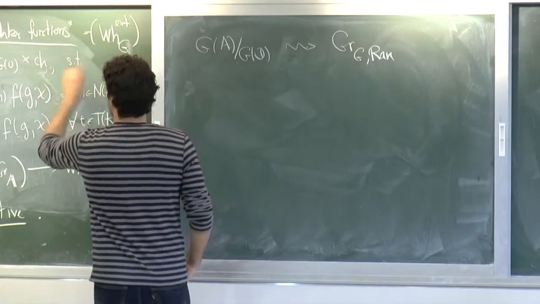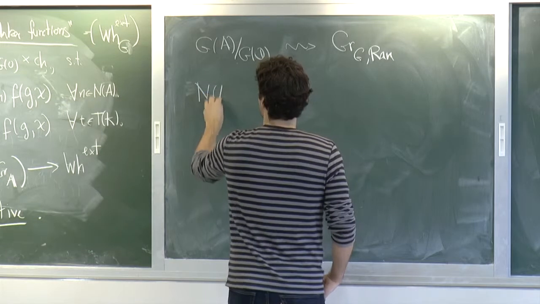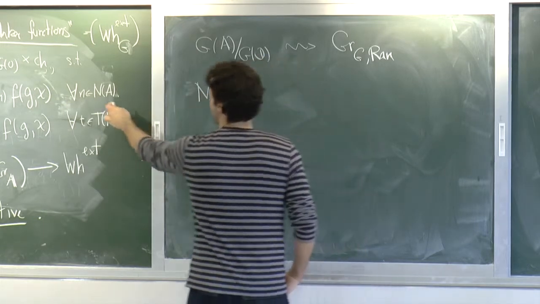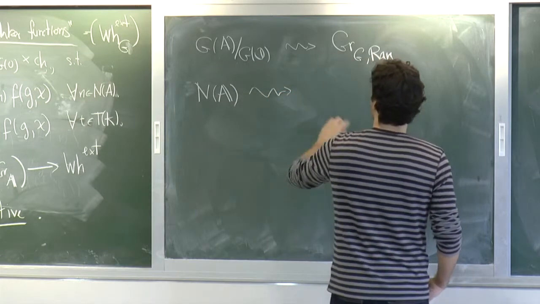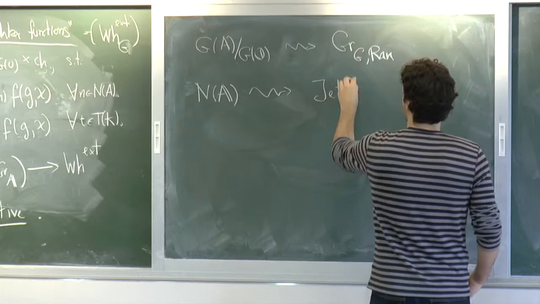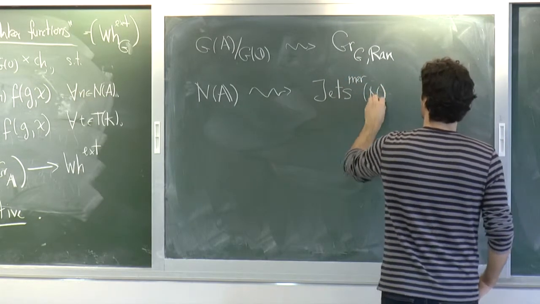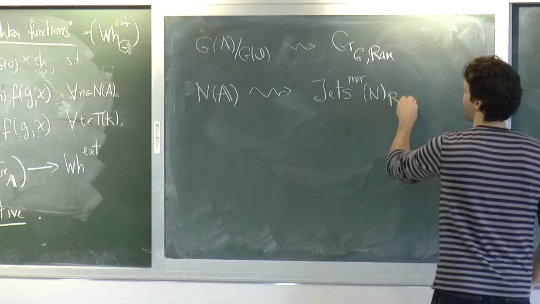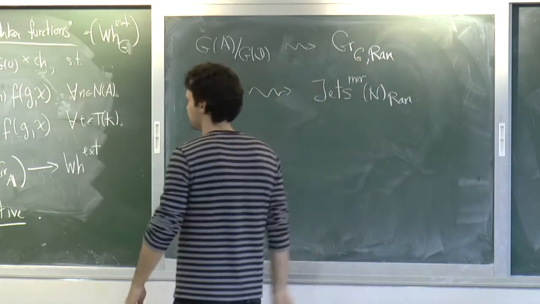So now next, we can do N(A) that appears here, and that also has been discussed. Then in geometry it will be the pre-stack of meromorphic N-jets over the Ran space, and that's the guy that is infinite dimensional, wildly.